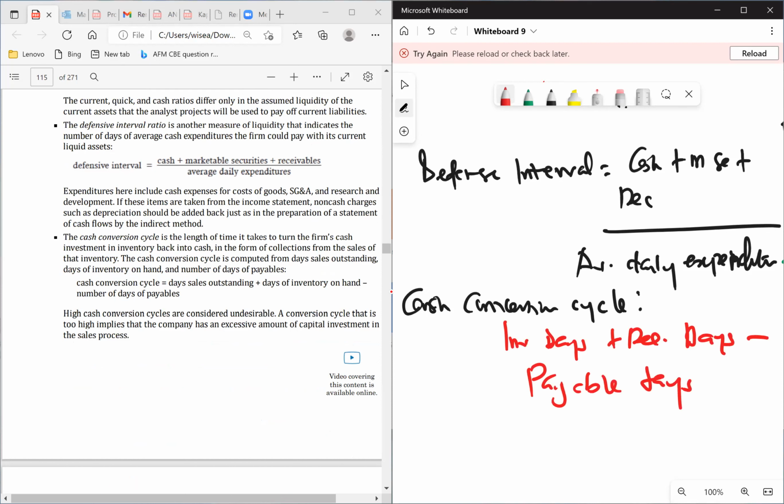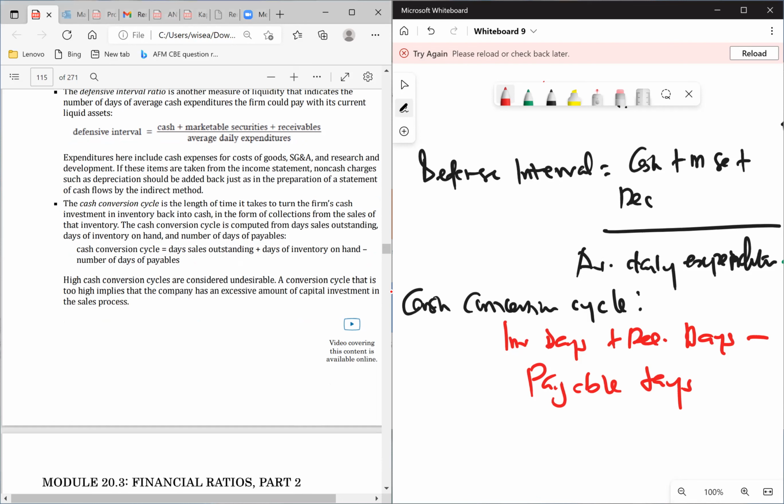They will tell us how quickly our cash is converted during our sales process, or how quickly we generate cash in our sales process. If you have a high cash conversion cycle, it means that it takes a longer time for you to generate cash from your sales processes, and it means a lot of capital is locked up in there.